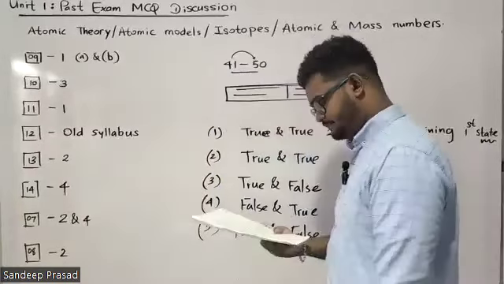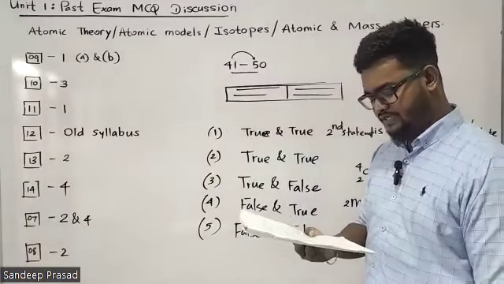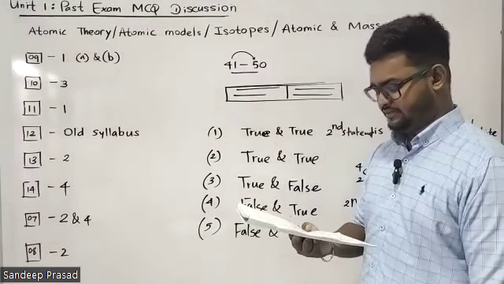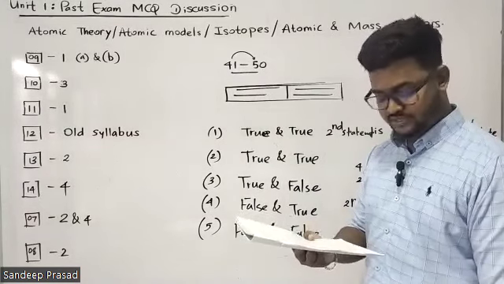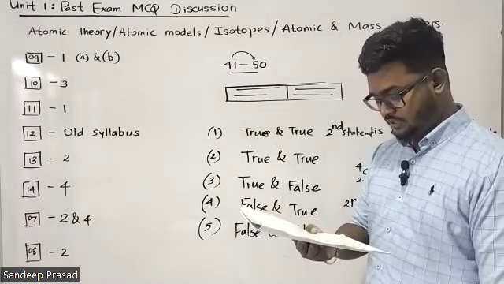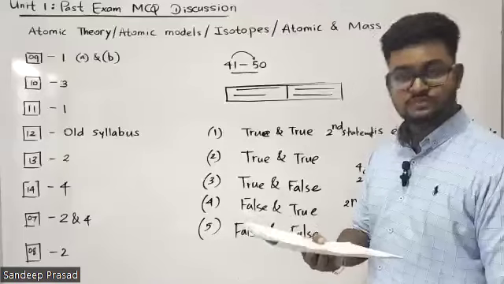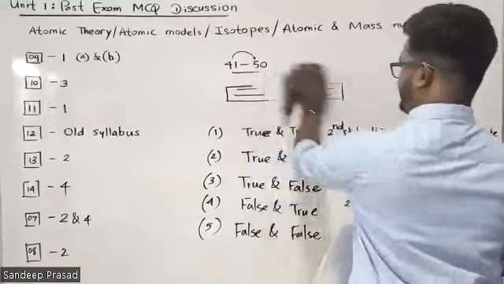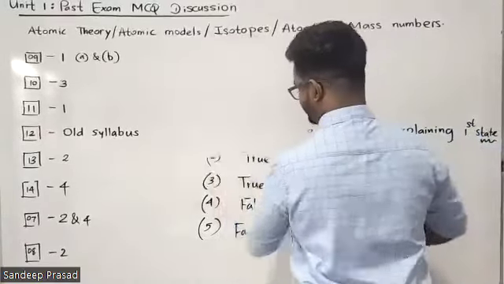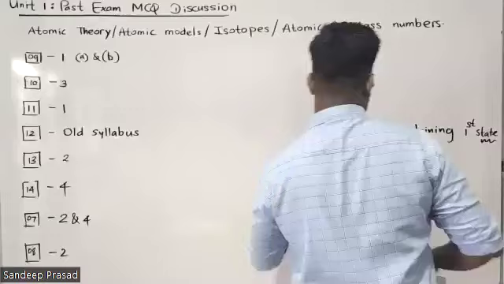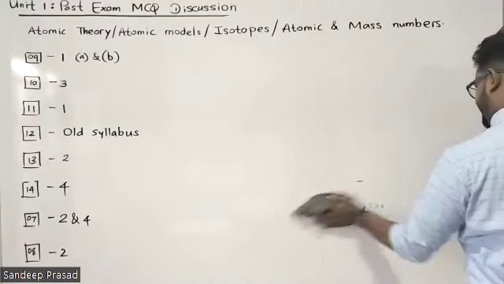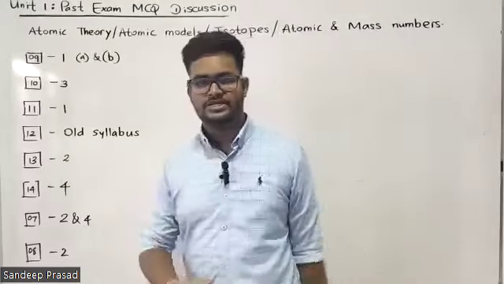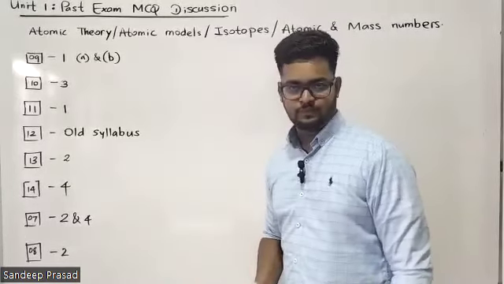Question number 15. The charge to mass ratio of the electron was experimentally determined accurately by Crookes, Millikan, Geiger and Marsden, Thomson, or Chadwick, who found the e over m ratio? We learned two quantitative experiments, one by Thomson and the other by Robert Millikan. Robert Millikan found the charge of an electron, 1.60 times 10 to the power minus 19 coulomb, using the oil drop experiment.